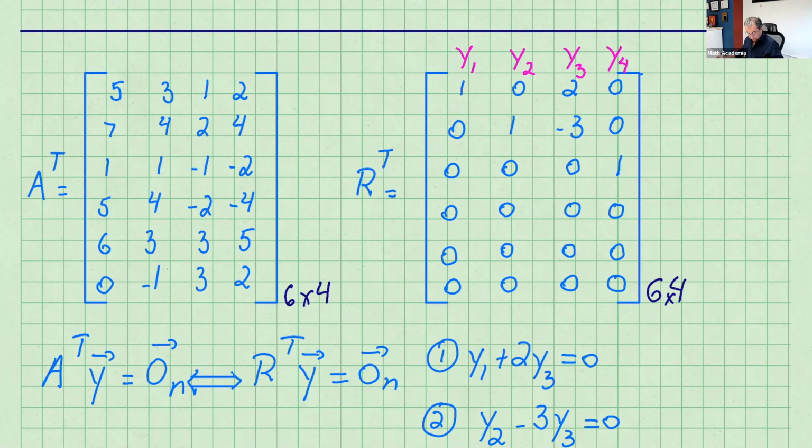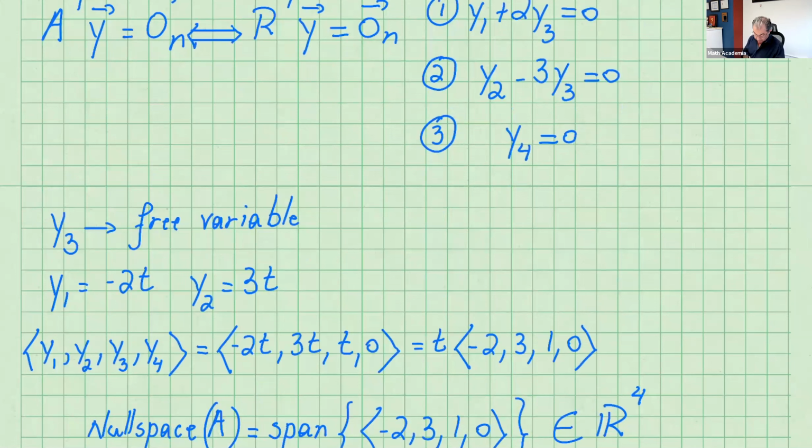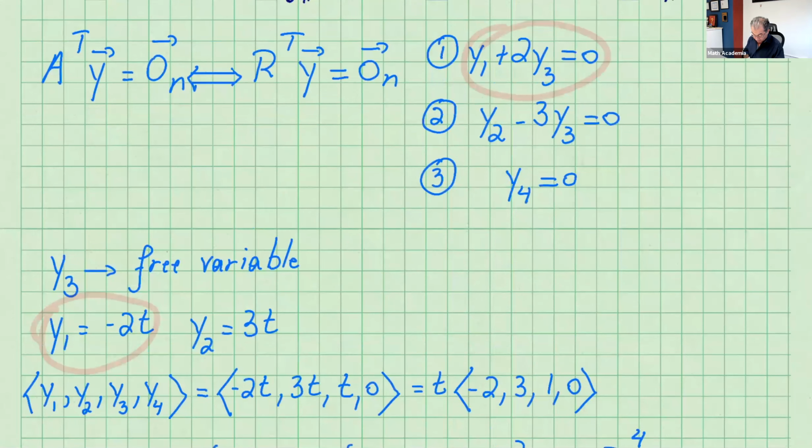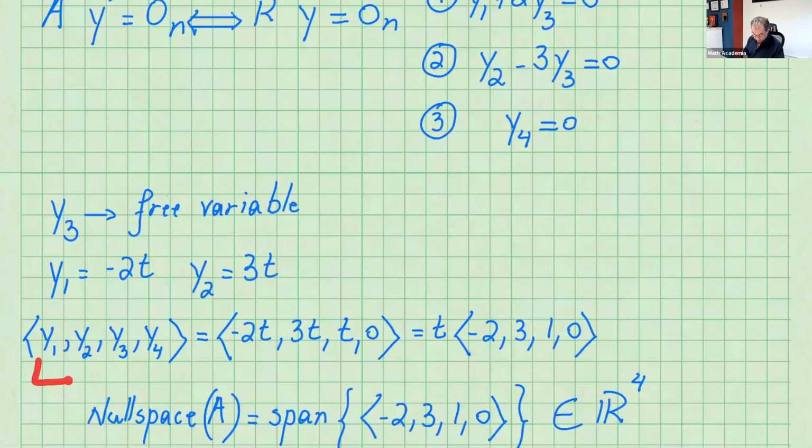So the free variable is y3. You can substitute, get y1 from the first one, and y2 from the second one. And then if you write y1, y2, y3, y4, you have negative 2t, 3t, and we called y3 to be the free variable.